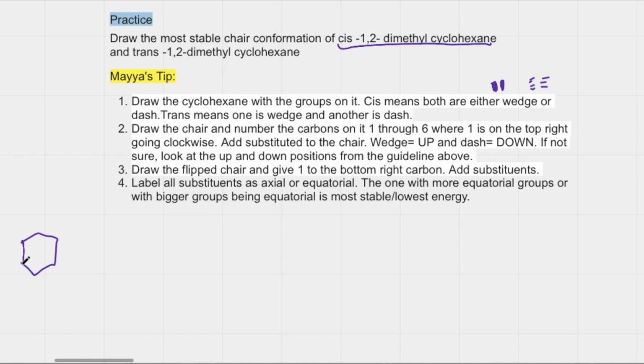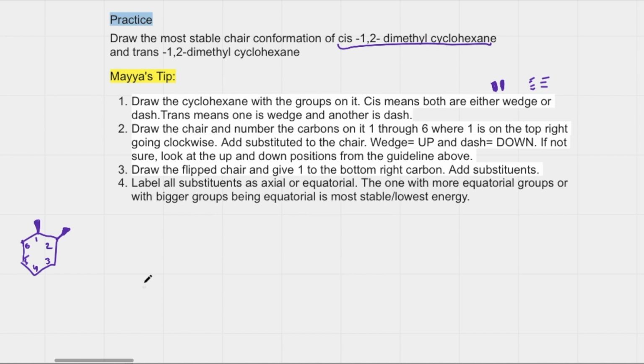Let's go ahead and do that for cis-1,2-dimethyl cyclohexane. So I draw my cyclohexane, I number it, and on 1 and 2 I have methyl groups, and because it's cis it means both are wedge or both are dash. It's up to you, but I'm going to choose for both to be wedge, for example. So both methyl groups are wedged.